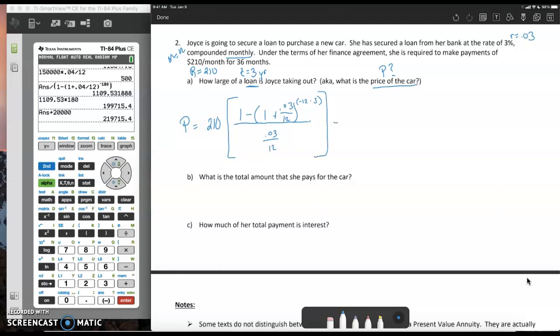Close up that giant set, and now I'm going to go ahead and go into my calculator to do this.